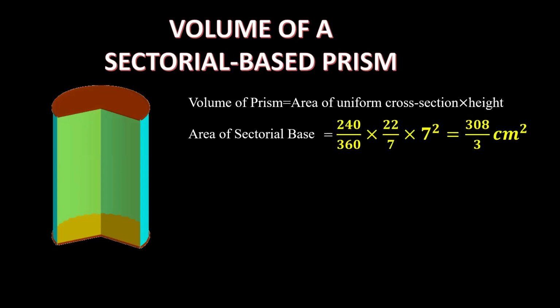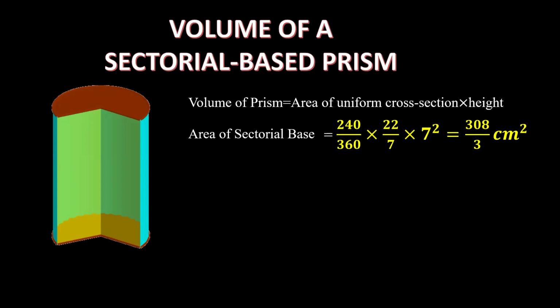For the area of a sector, we have 240 over 360 times 22 over 7 times 7 squared, and that gives us 308 over 3. Since we have two sectors, we just pick one uniform cross-section and find the area. That gives us 308 over 3 square centimeters.